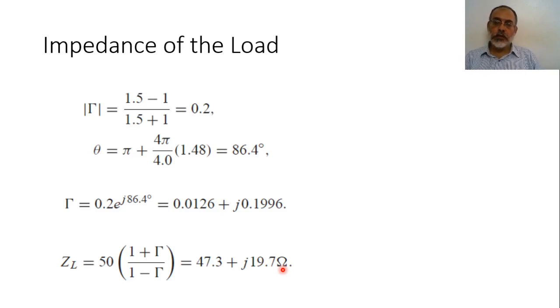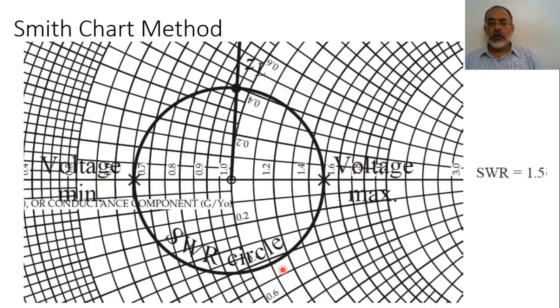How come? First of all, we say that we have a standing wave ratio of 1.5. And we said that the standing wave ratio corresponds to a real value on the real axis greater than unity. So on the real axis, we can move from the center to the point 1.5, this is 1.4 and this is 1.6.